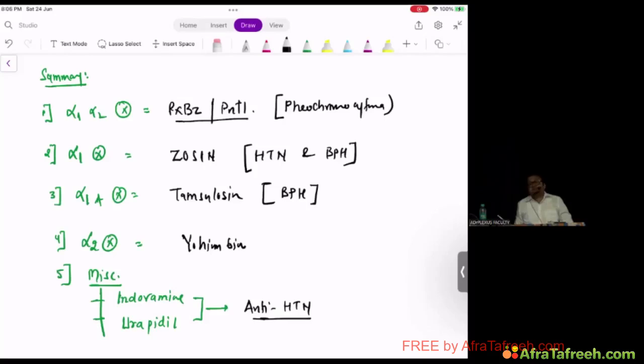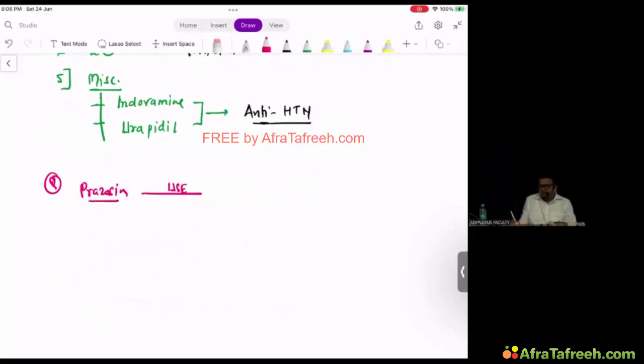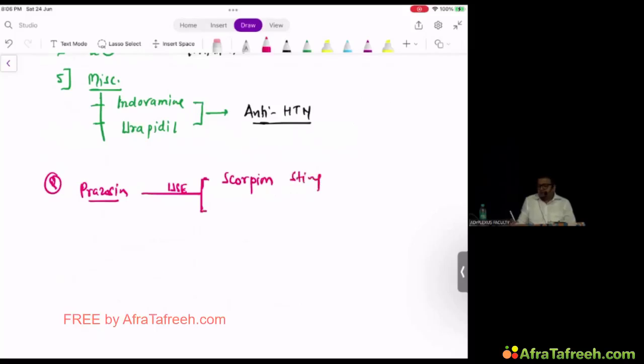We are done with which class of drugs? Alpha blockers. Just write as a one-liner MCQ. Prazosin is also used in two diseases which are asked quite commonly: scorpion sting and frostbite.